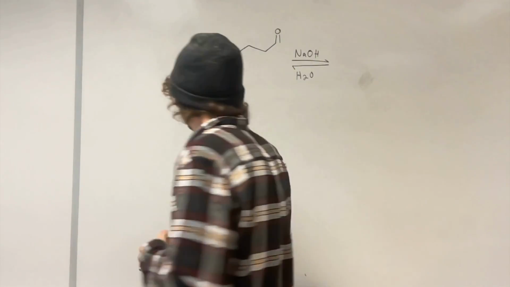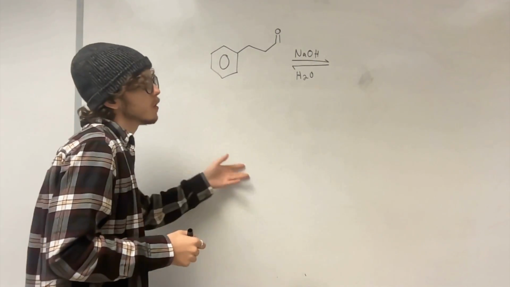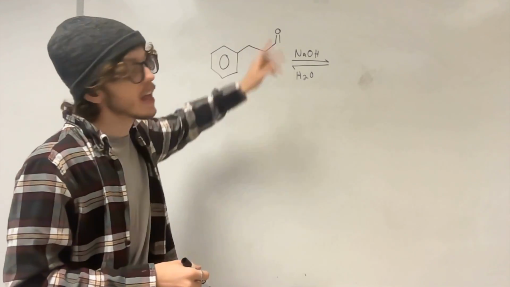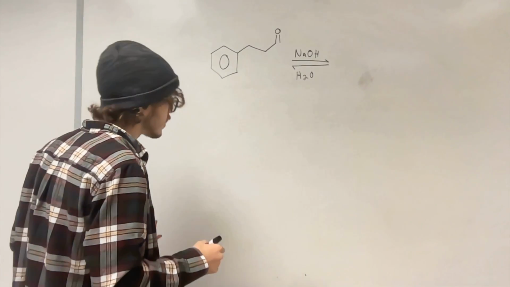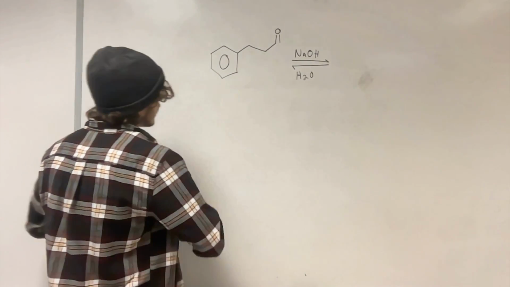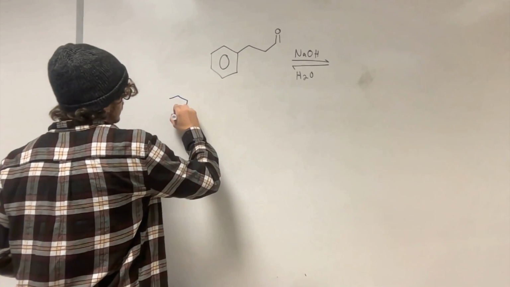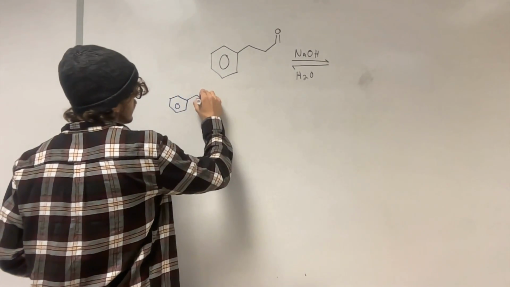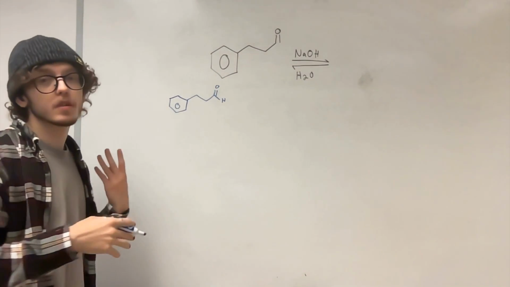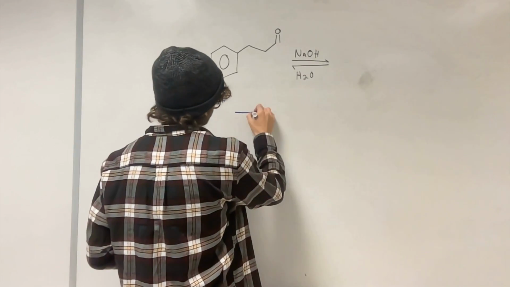Okay, so we have this nice little benzene ring here, and then we have 3 carbons and then an aldehyde. So how does this react with aqueous sodium hydroxide and water? Well, I'll redraw my starting material. And our first step, remember, is going to be enolate formation.